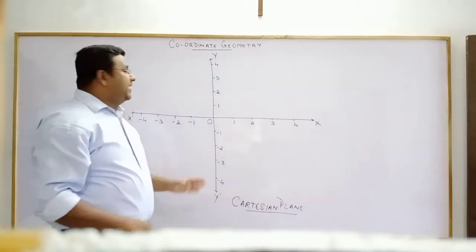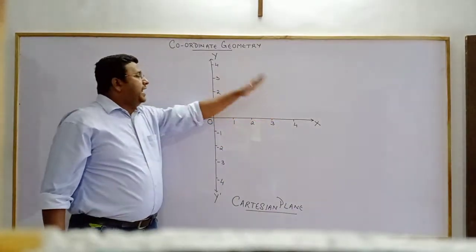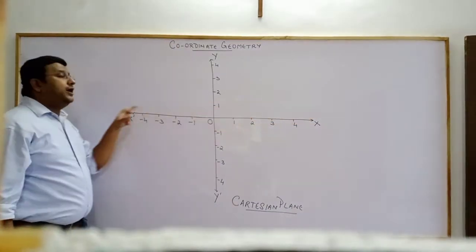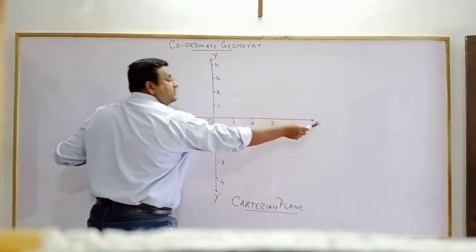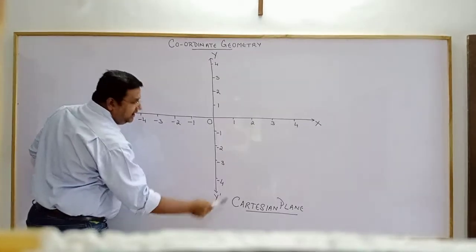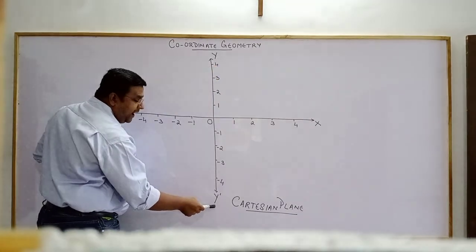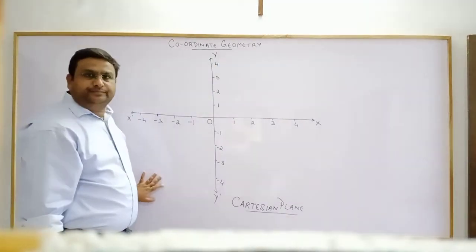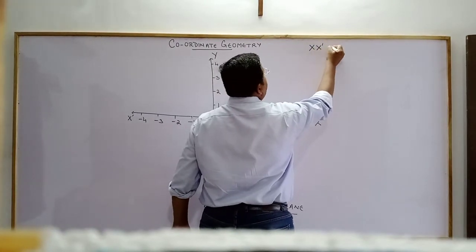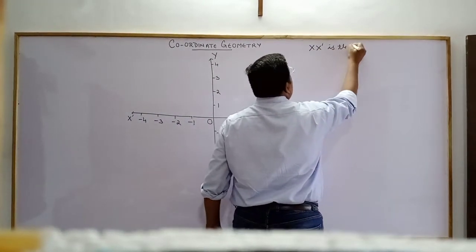This plane is divided into 4 parts by 2 lines, horizontal and vertical. This horizontal line is called the x-axis, x and x dash. This vertical line is y and y dash.